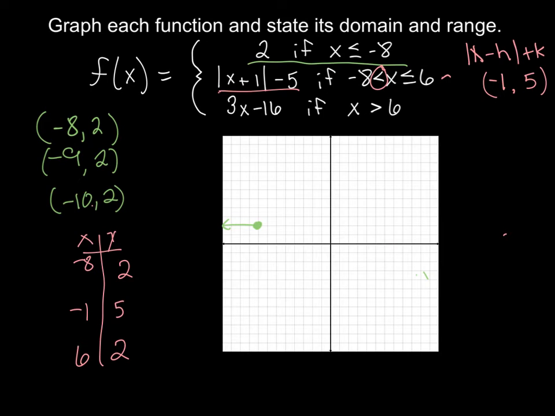So at negative 8, 2, we put an open circle, which it actually already has a dot there, so we really didn't need anything. But if there hadn't been something there, we would put the open circle. And then negative 1, 5. It's actually negative 5. So negative 1, 1, 2, 3, 4, 5.